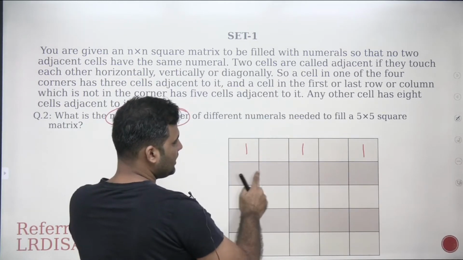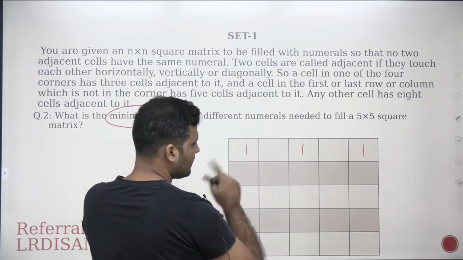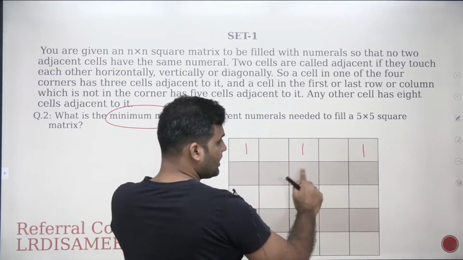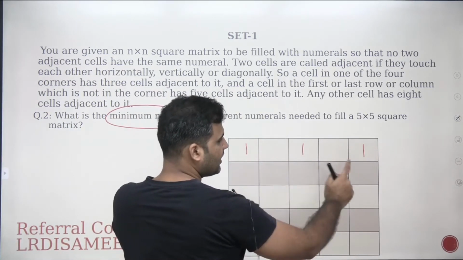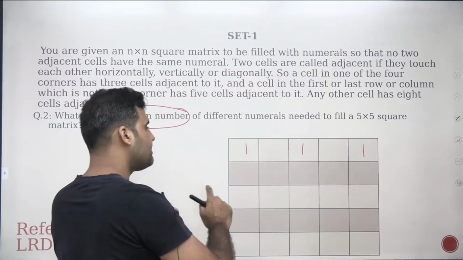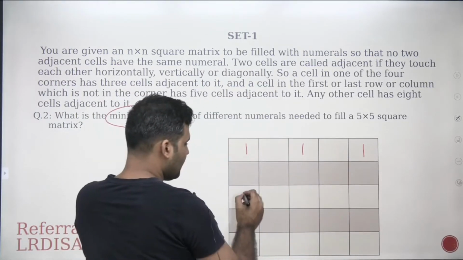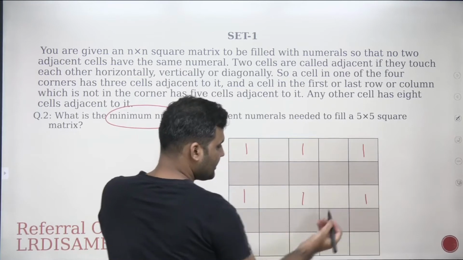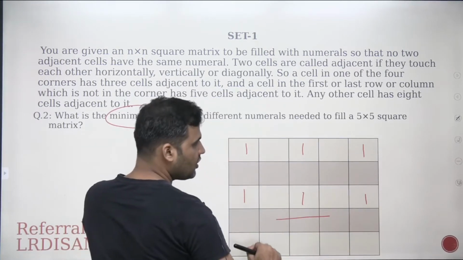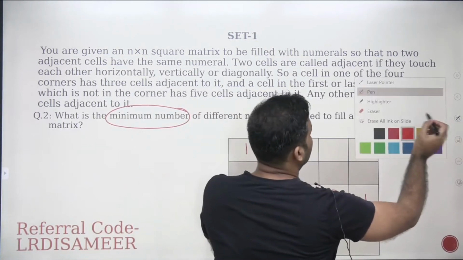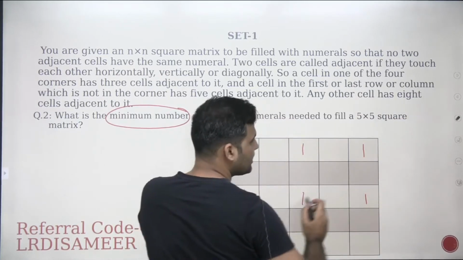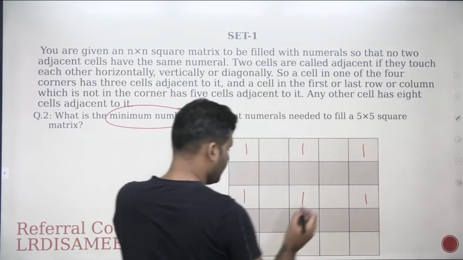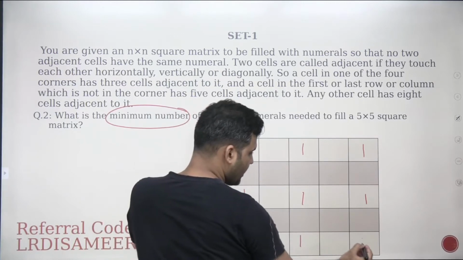Because these 2 cells are adjacent to this particular cell. ये दोनों सेल इस सेल के साथ एडजेसेंट हैं, ये सेल इसके साथ एडजेसेंट है, तो 1 सेकंड रो में नहीं यूज हो सकता, बट थर्ड में तो यूज हो सकता है. सिमिलरली फोर्थ रो में 1 यूज नहीं हो पाएगा. I cannot use 1 in the 4th row, but can I use it in the 5th row? Yes, I can use it in the 5th row. So I can use 1 here, 1 here, 1 here.